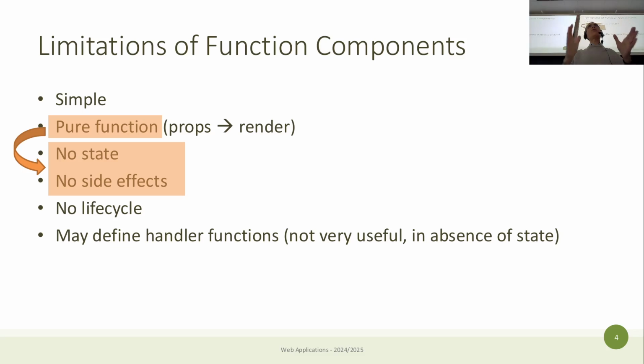So I have a function, I pass some props, actually React passes some props, and then these props, plus the behavior of the function, define what should be rendered, and we wrote the return value in terms of JSX, so that syntax that looks like HTML, right? But we also say they should be pure functions, so only if you change props, the return value should change, so the way in which it's rendered should change, okay?